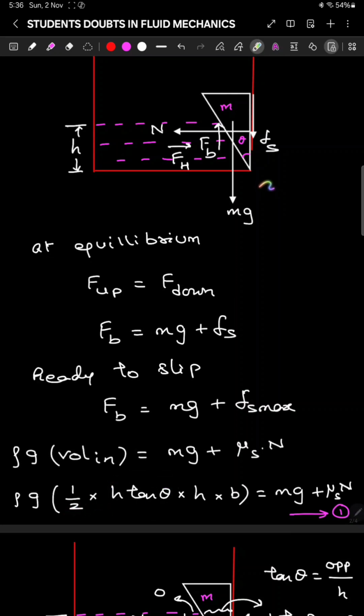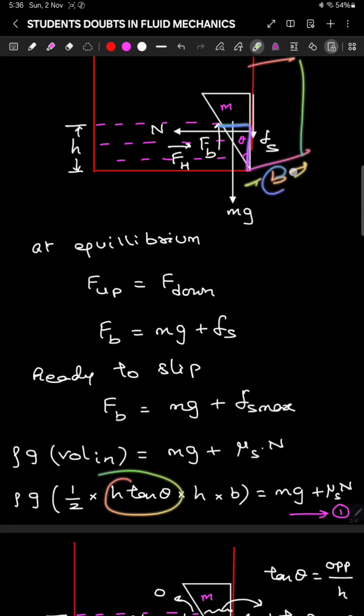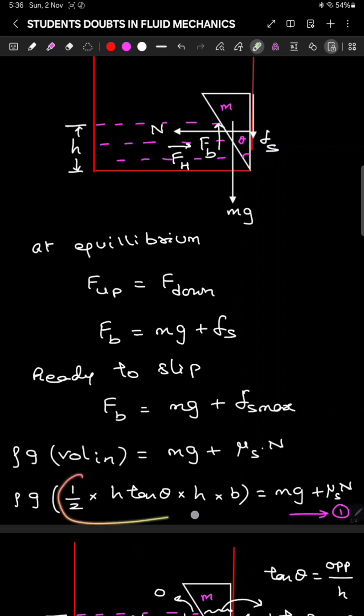So area formula is half into base h tan theta, and height was h, and breadth b will be there inside. So this breadth is this one. So in total we got the volume inside, the volume of the wedge inside the water, weight mg downwards, and mu s into N.